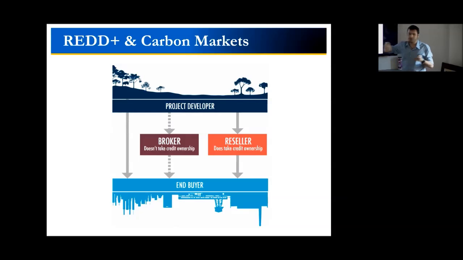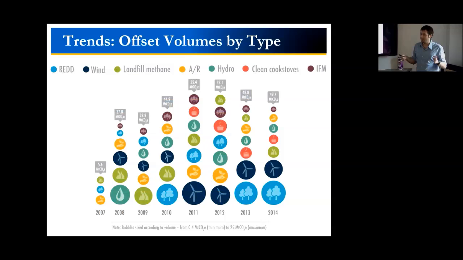Those brokers will try to make money of that, so maybe they put some credits aside and try to sell it in a different year when the price is better. So there's all of those things happening. And eventually, there's this end buyer, and the end buyer can get the credits from the developers or the brokers or whatever. It's really messy.